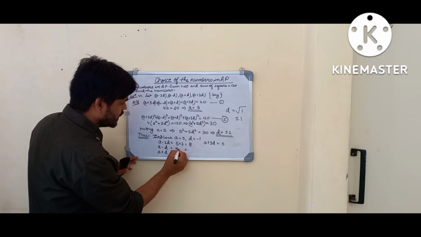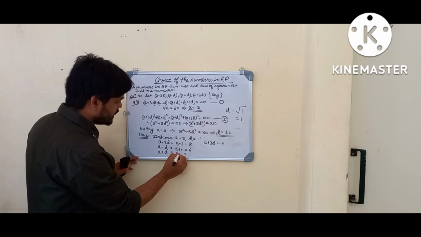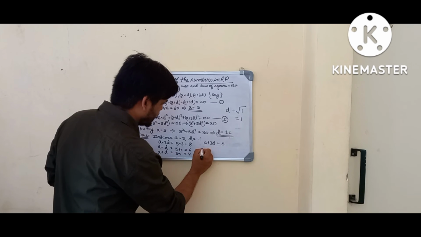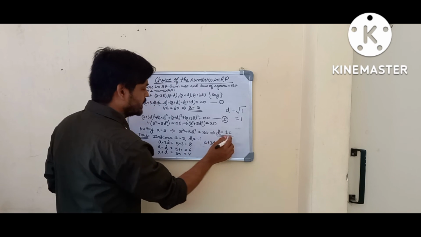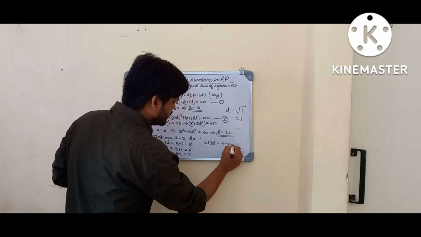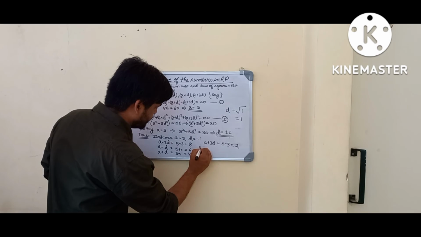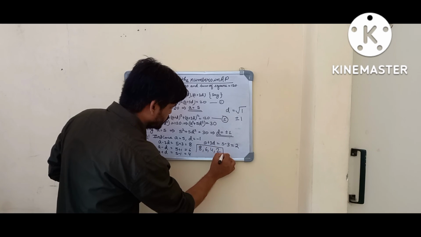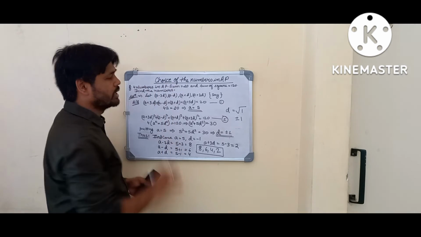A minus D is A minus of minus 1, which becomes A plus 1, that is equal to 6. A plus D means A plus of minus 1, which is 4. And A plus 3D means A plus of minus 3, which is equal to 2. So the sequence of numbers will be 8, 6, 4 and 2. These are the two possibilities of the existence of the AP for this given question.